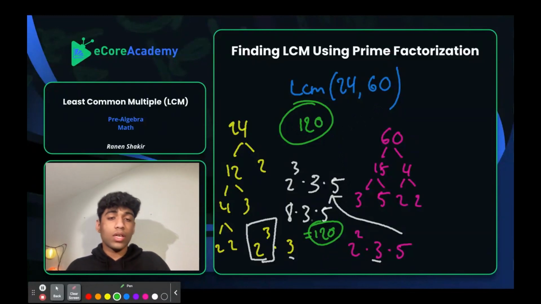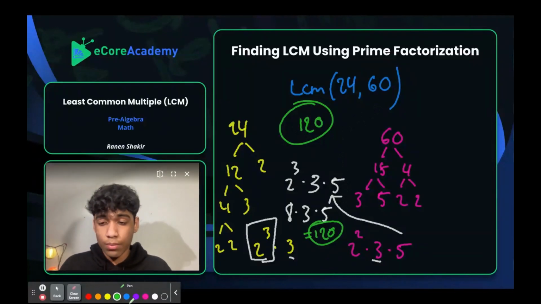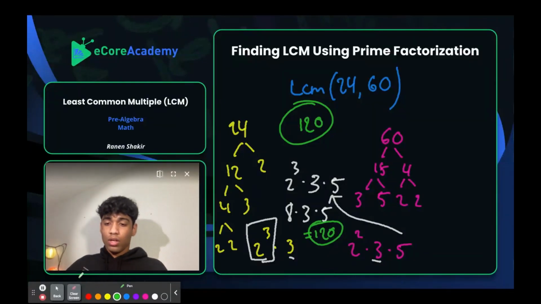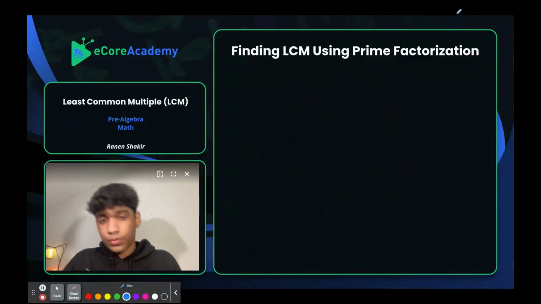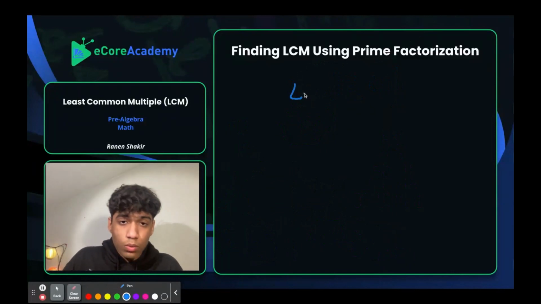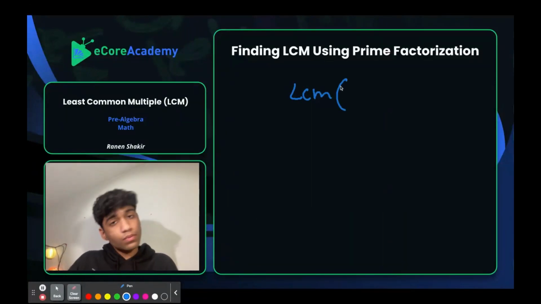So this is how you would use prime factorization to find LCM. It's kind of neat. Okay, let's do one more together, and then you do one on your own, and then we'll be done for the video.